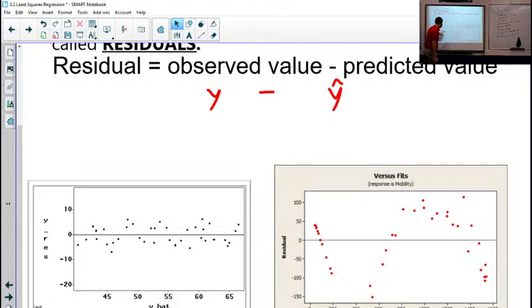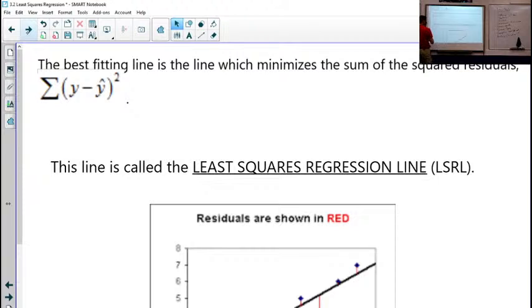And so we'll talk about these. But the hope is that the residuals are small. If I have very small residuals, then that means that I'm very close to the line of best fit. So before we go in that deep, let's start.